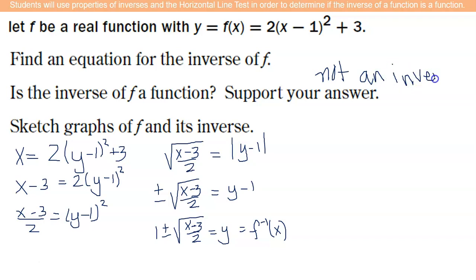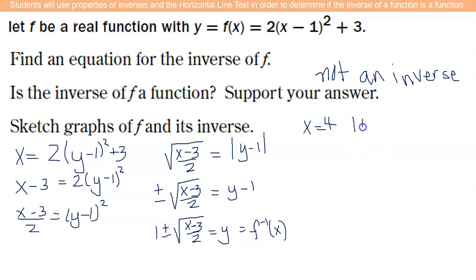And so when I'm supporting my answer, what I want to do is show that I have one point or two points that make it not an inverse. So for it to be an inverse, each x has to have only one y. So if I substitute that in, so let x equal 1. So when x equals 1, oh excuse me, I said 4, didn't I?